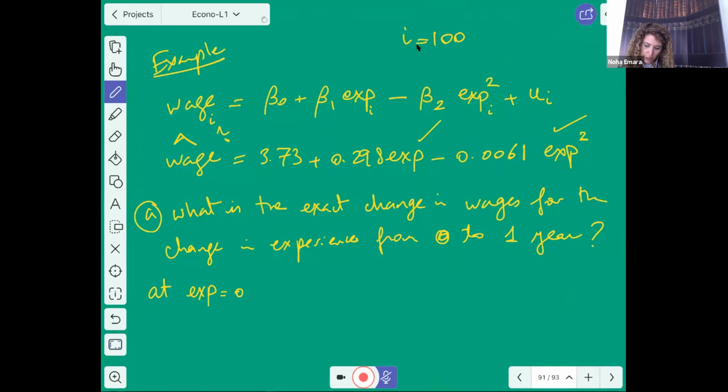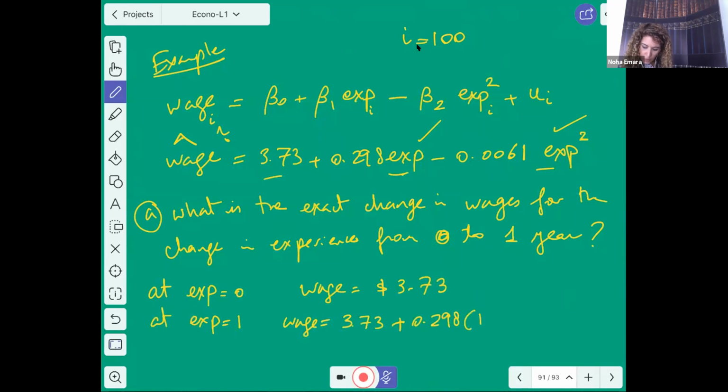So at experience equal 0, if I plug in 0 here, I'm left with this one. Wage is equal to $3.73 per hour. At experience 1 year, the wage is equal to 3.73 plus 0.298 times 1 minus 0.0061 times 1 squared, which is just 1.